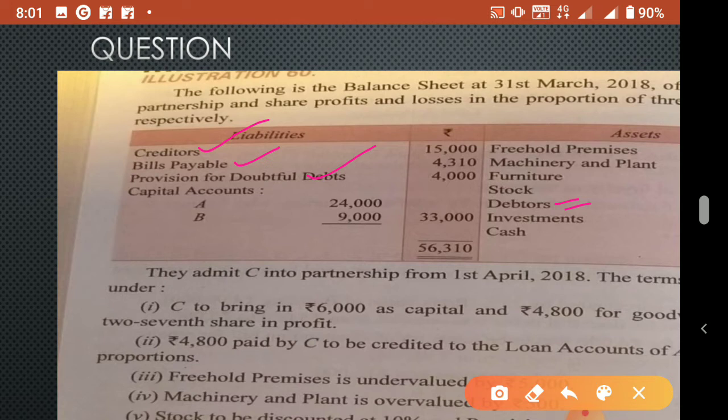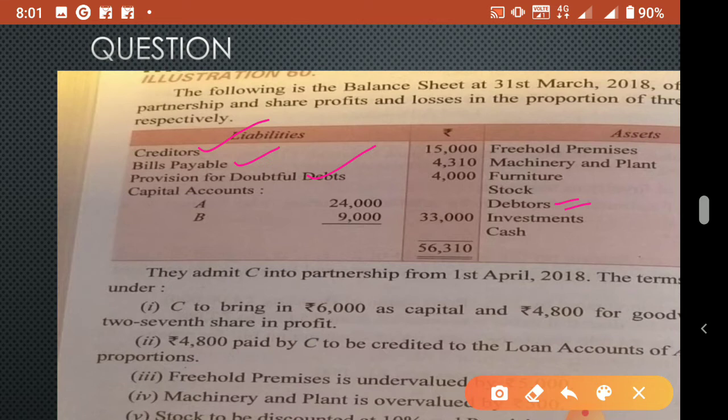Both have the same effect only. Provision you can always treat like a liability, in case you get confused, because sometimes provision will come on the asset side also. If provision is increasing, it is an increase in liability. If provision is decreasing, it is a decrease in liability.